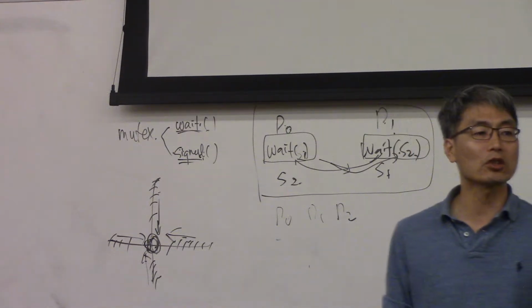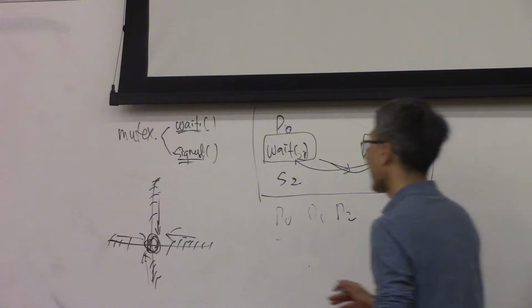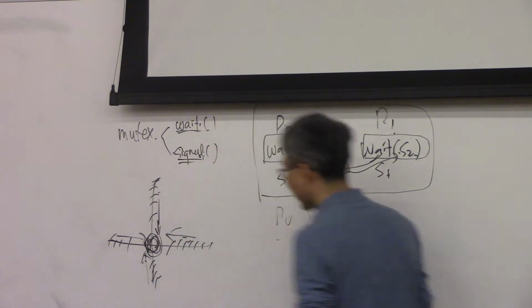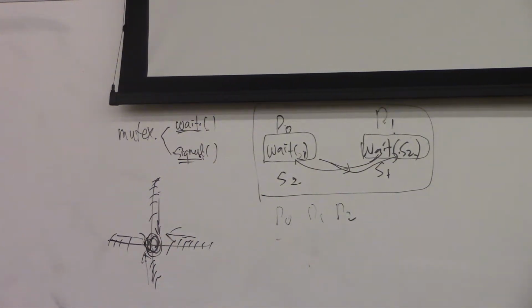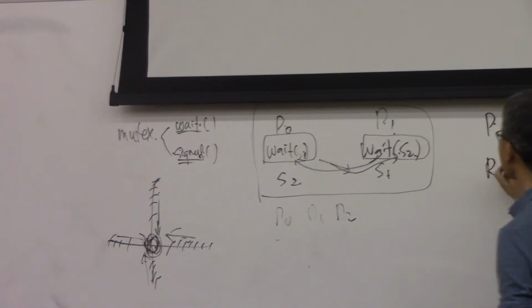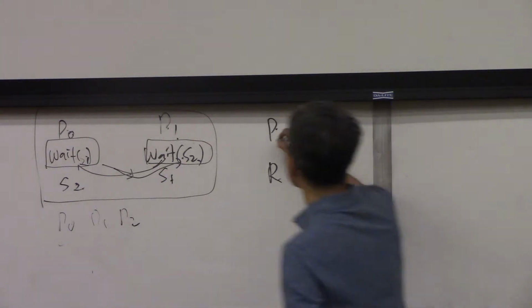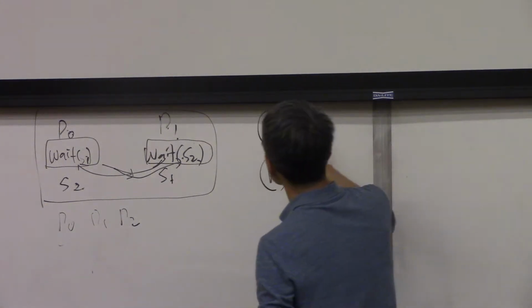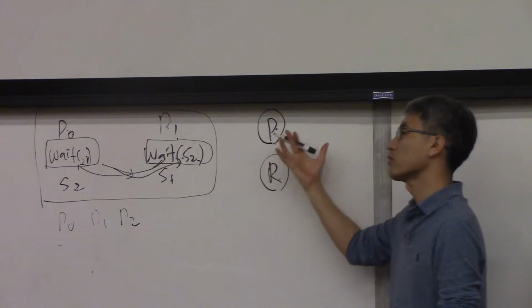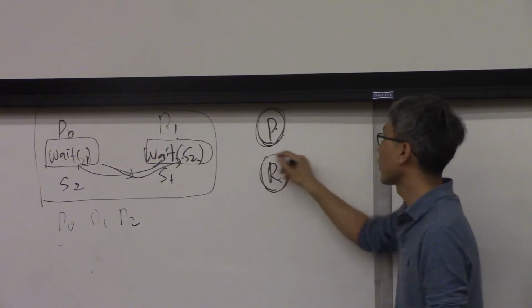In our definition of deadlock, we will define the general case, which means multiple processes and multiple resources. I mentioned the process and the resource many times. There are two things involved in deadlock management: one is the process, and the other is the resource.